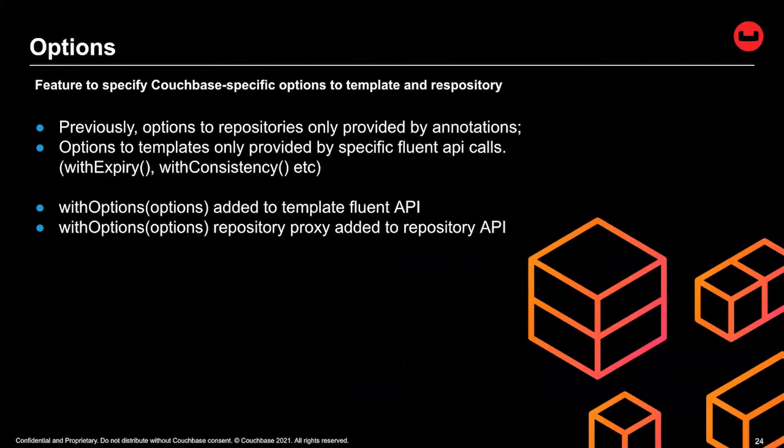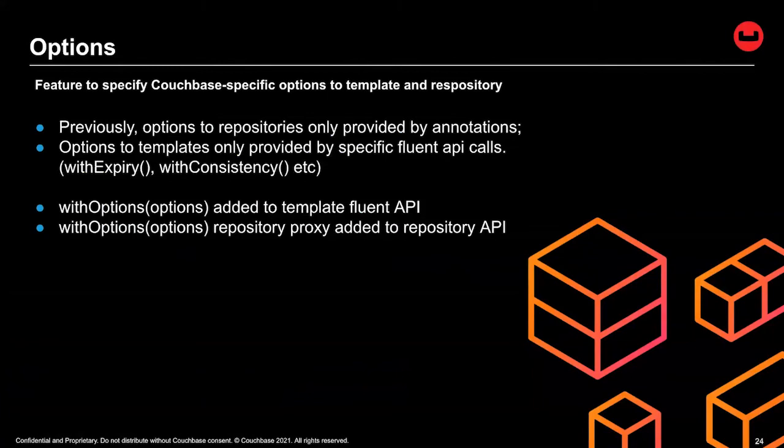So what we've added, similar to with scope and with collections, is a with options for the template Fluent API, and also with options for the repository proxy that will let you specify options.